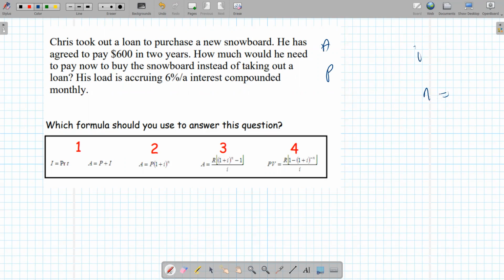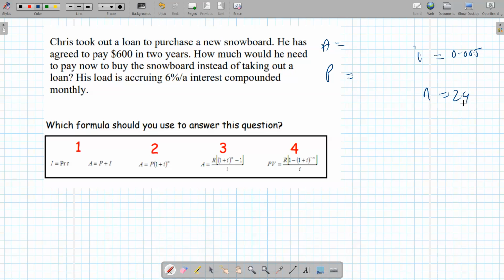A, P, I, N. I is 0.005. Okay. What else? N is 24. 2 times 12.